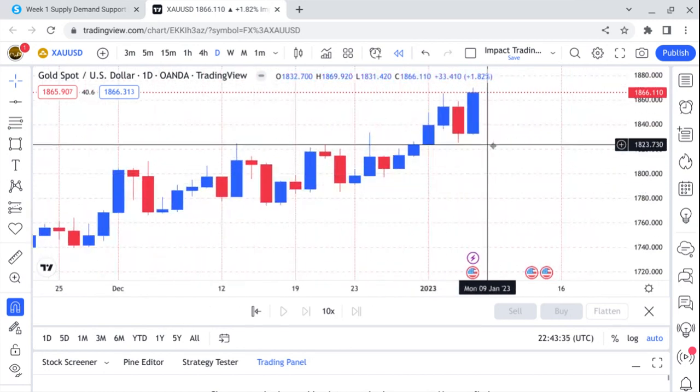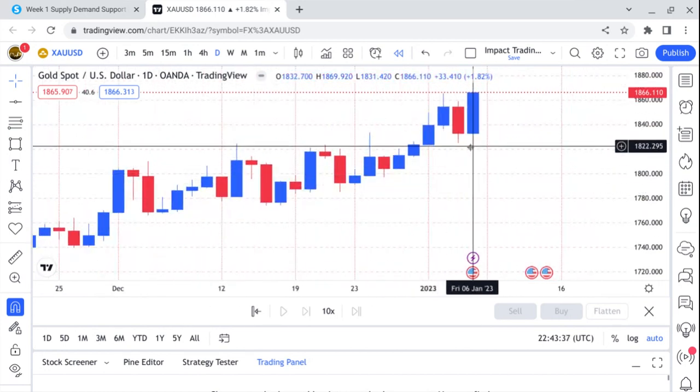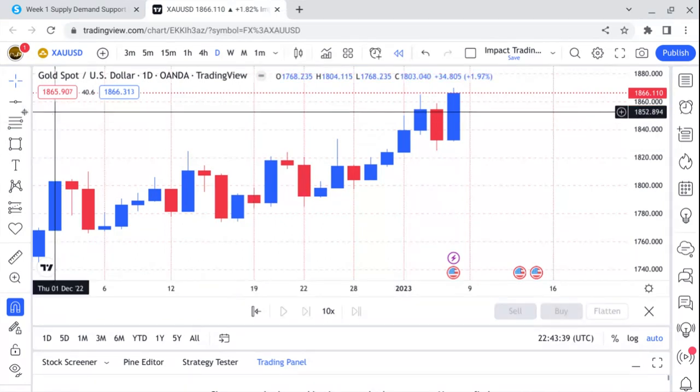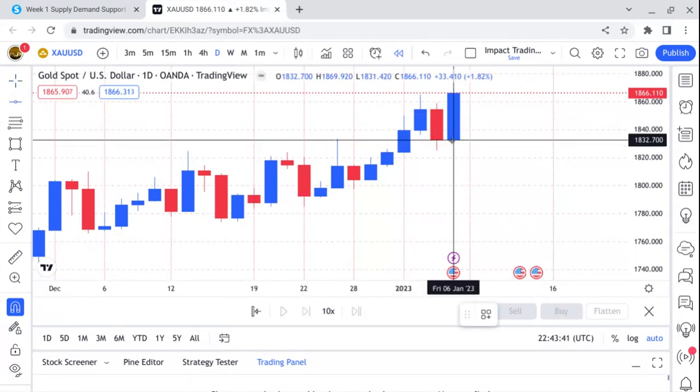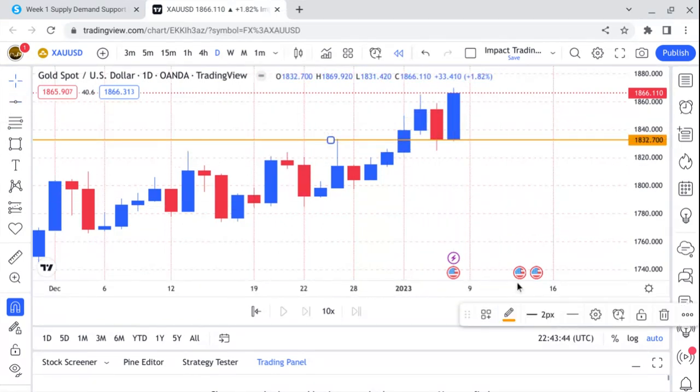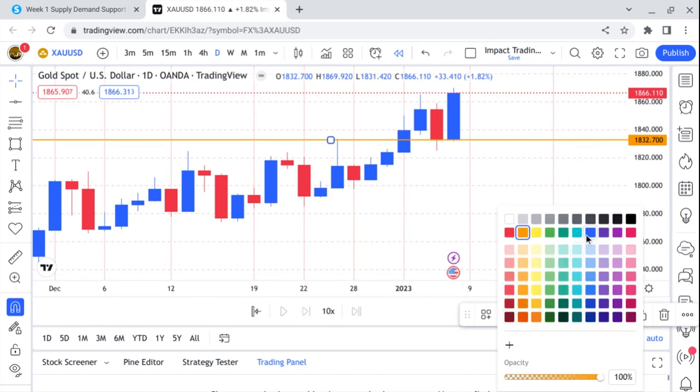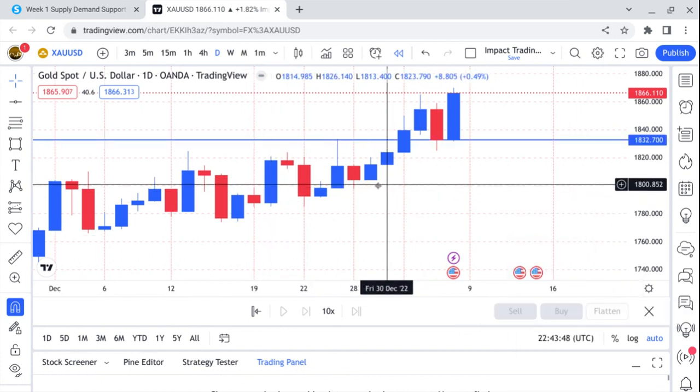All right, right now we're going to practice February 6th. We'll start with February 6th, and we'll start drawing supply and demand and support resistance areas. Now we start with the day. How do we know?